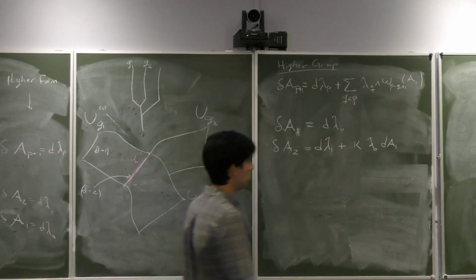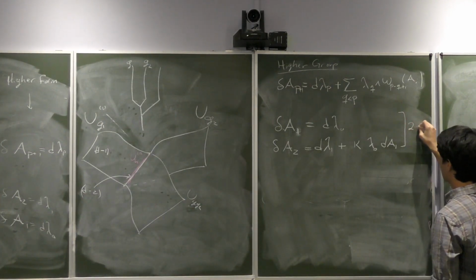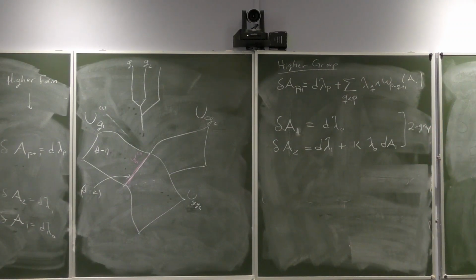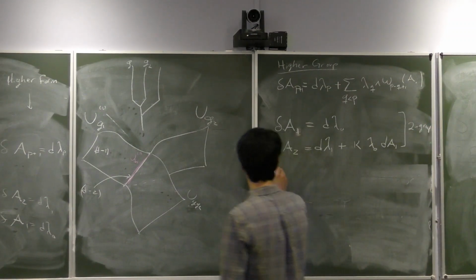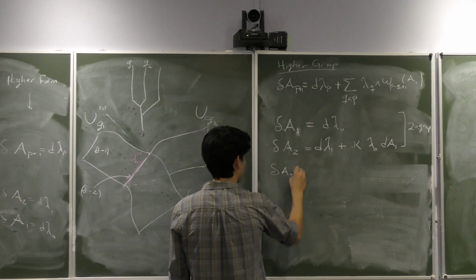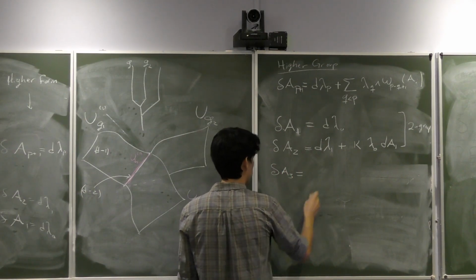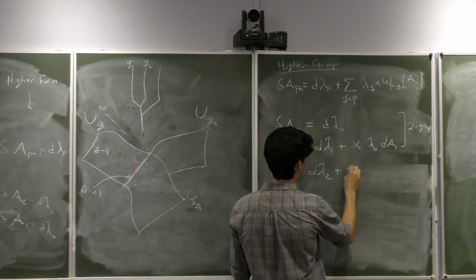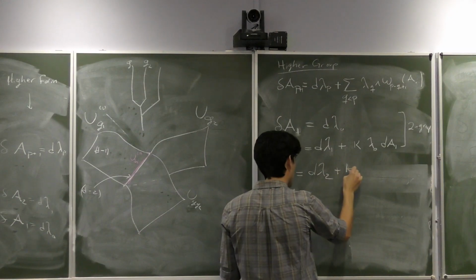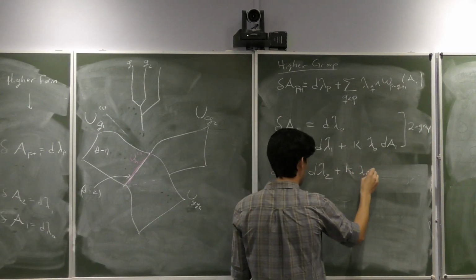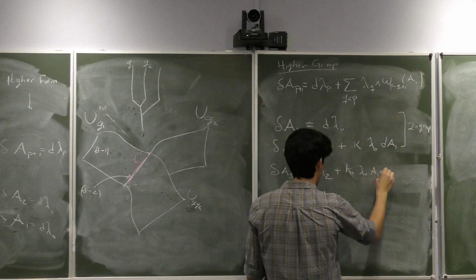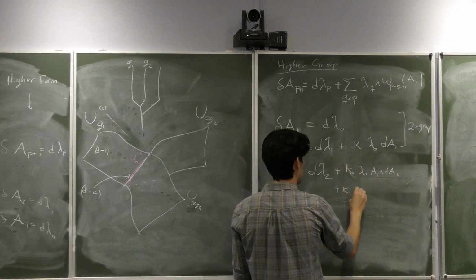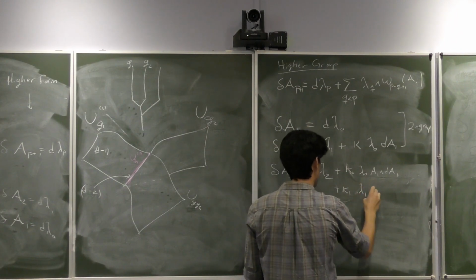So if we just stopped here, this would be what we call a 2-group. Now we can do another one. Let's see if we can do the 2-form symmetry. So you have d lambda 2 plus one term, which is lambda 0 k1 with dA1, plus k1 lambda 1.